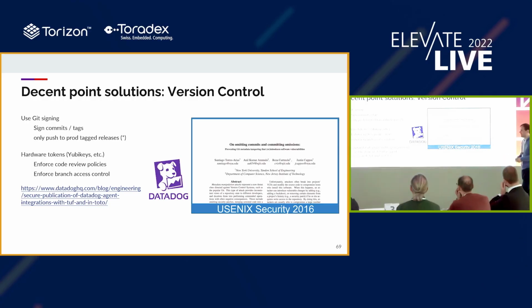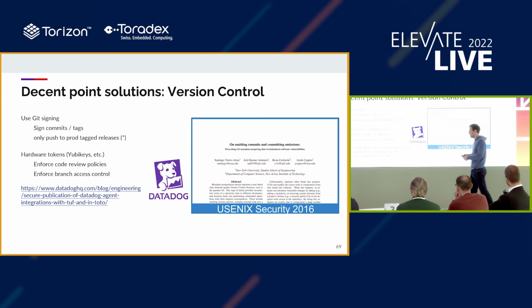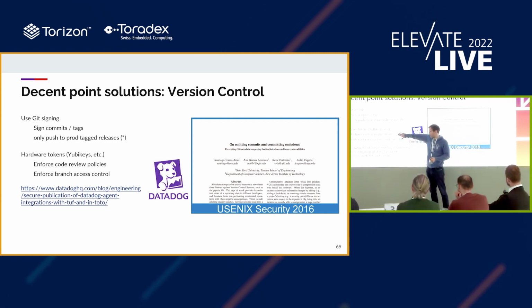And you want to use hardware tokens on your developers if you can, so that you have some assurance that people who are signing your code or producing your code are actually who they say they are. Because a lot of times, there are a lot of things you can do with breaking into repos and so on. You want to actually enforce your code review policies, enforce branch access control.